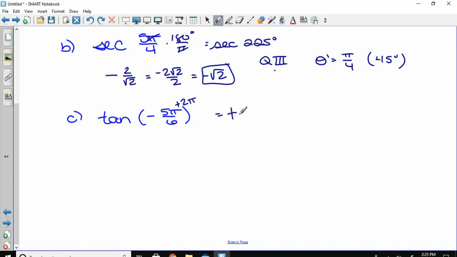So you could add 2 pi to this to begin with. If you do that on your calculator, you just don't do the pi. So you do negative 5 over 6 plus 2 and do your math fraction. So that gives us 7 pi over 6. What quadrant is 7 pi over 6 in?